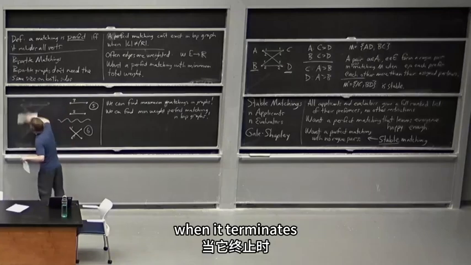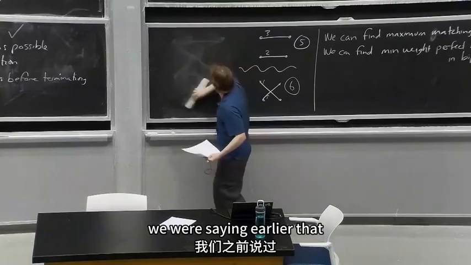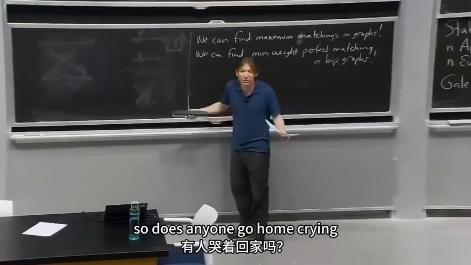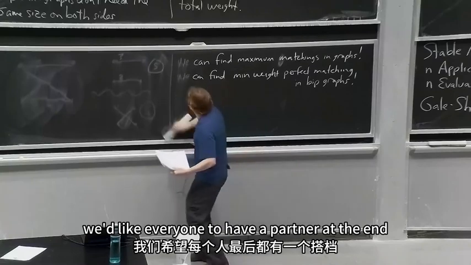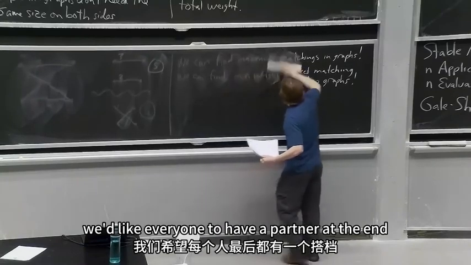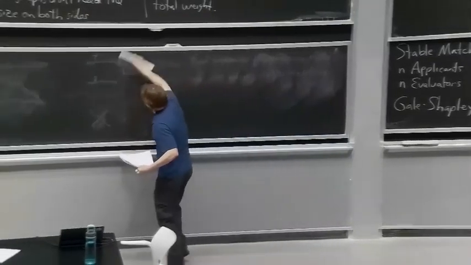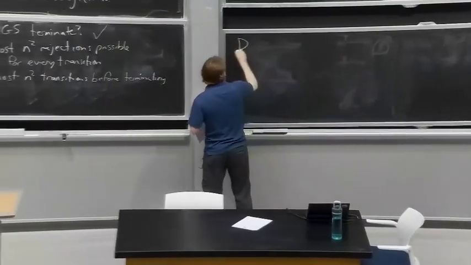When it terminates, does everyone have a partner? We were saying earlier that if someone gets rejected from everyone, they go home crying. So does anyone go home crying? We'd like that answer to be no. We'd like everyone to have a partner at the end.